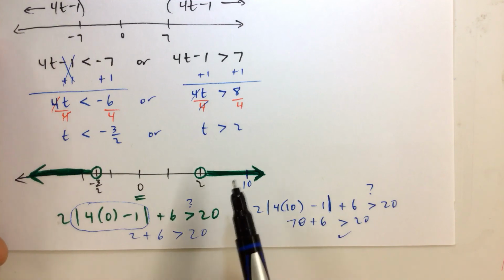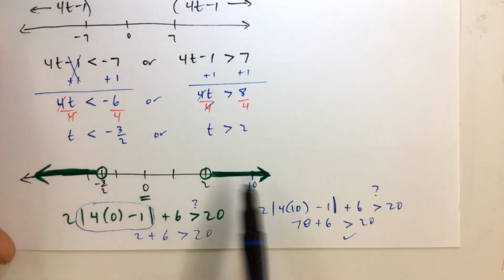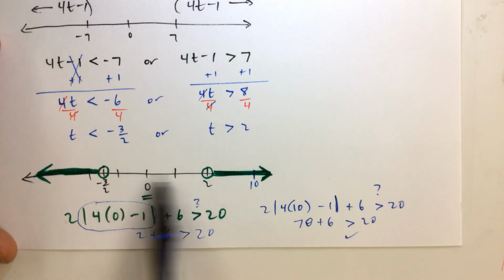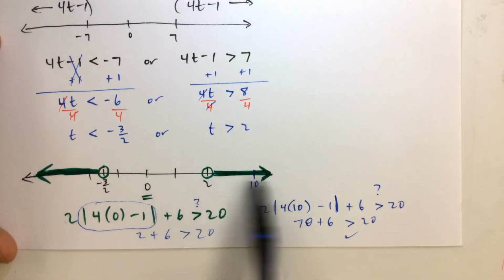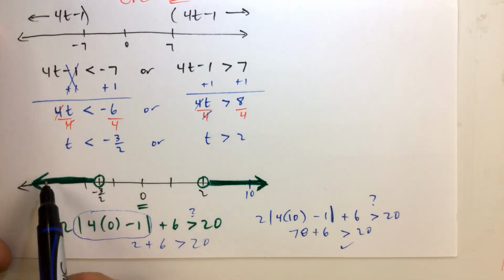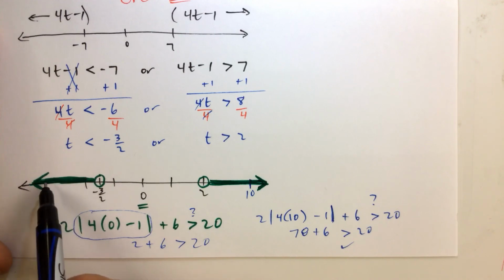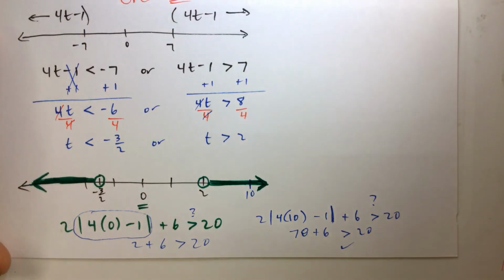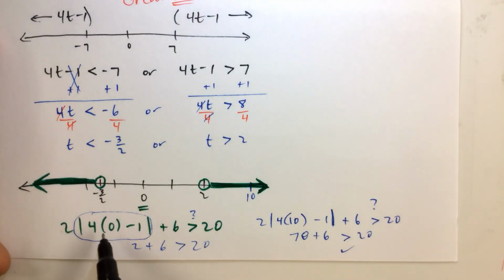Now, again, there's an infinite number of numbers that you shaded, but nevertheless, we tried a number that's on the unshaded part. We tried a number that's in the shaded part to the right, and if you really wanted to, you could try a number that's shaded to the left. Let's go ahead and try -1,000, and we can kind of eyeball that. 4 times -1,000 is -4,000 minus 1.